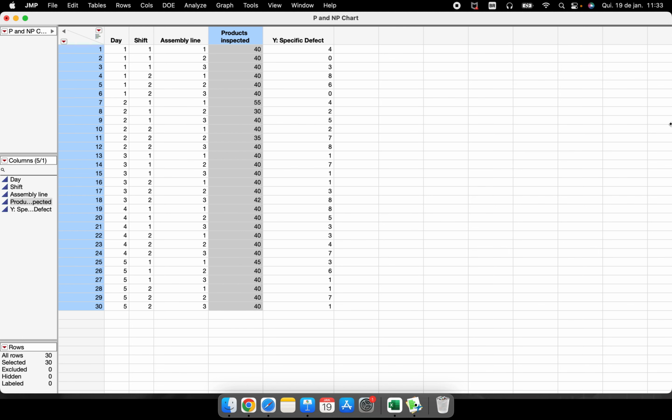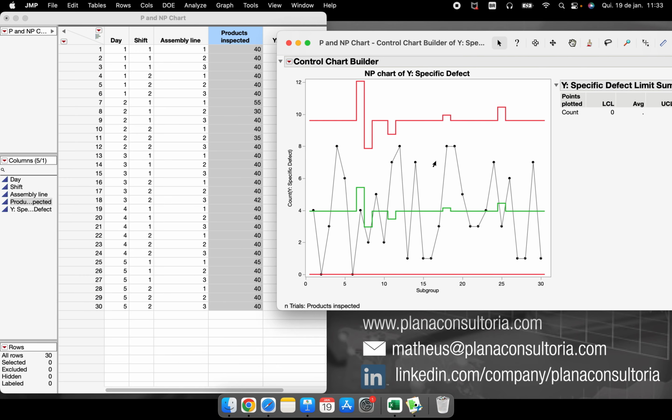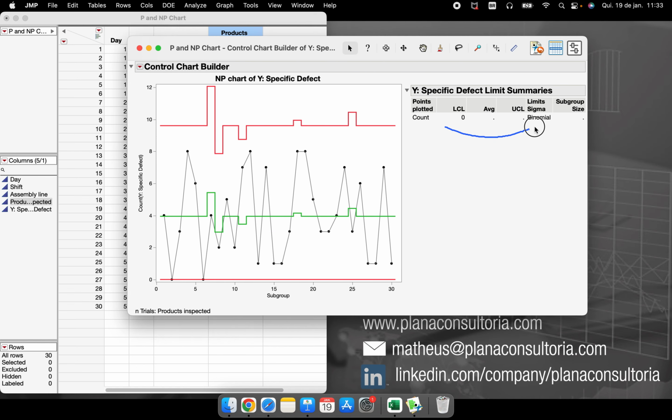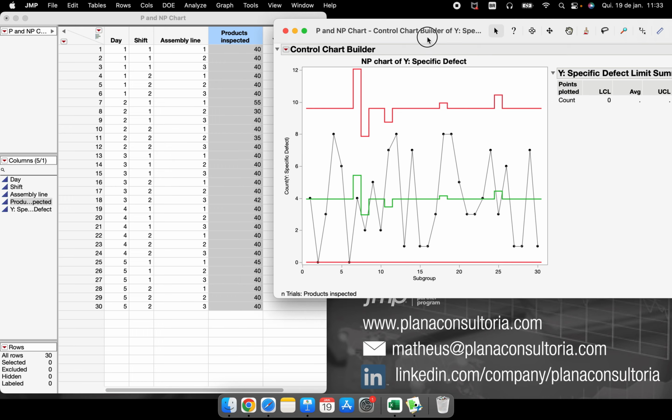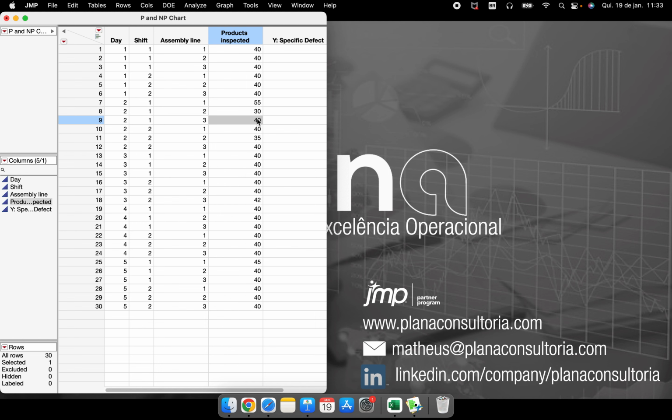So the chart will change, and the change here is very big because we are not changing only the upper control limits, we are changing the average as well. So you cannot have the statistical details here about this chart, because everything depends on the average to be calculated, and you will have some problems trying to understand your process. So I do not recommend this.